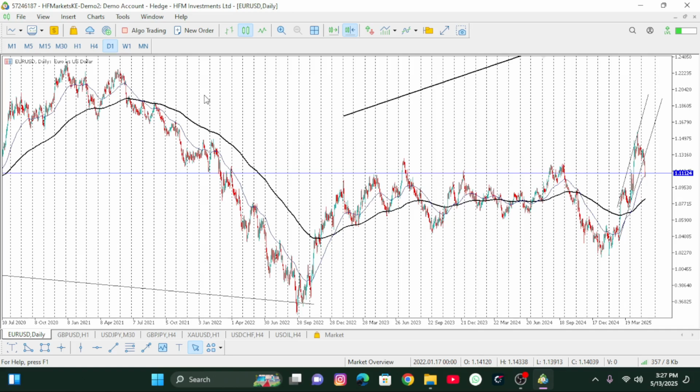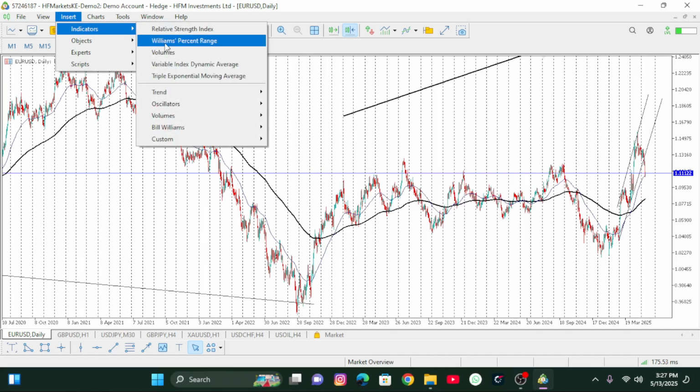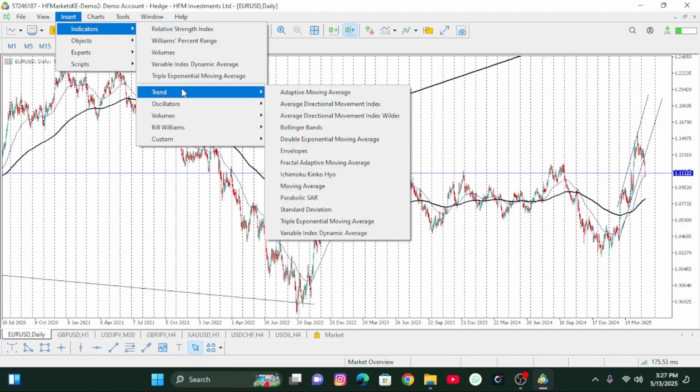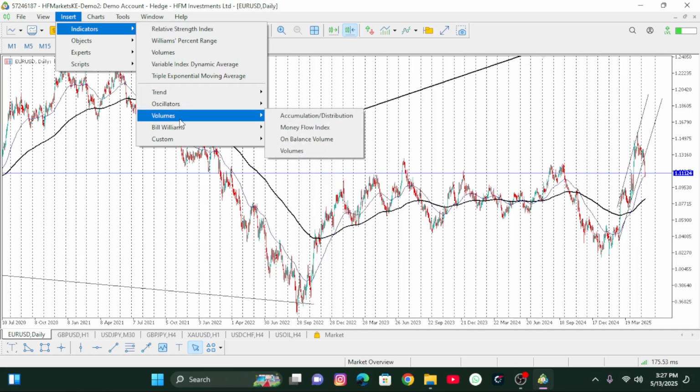So you'll be asking yourself, how do I access it? After you have downloaded the indicator, you'll come here to insert, then select indicators. The indicator will not fall in the trend, oscillators, volumes, or Bill Williams.